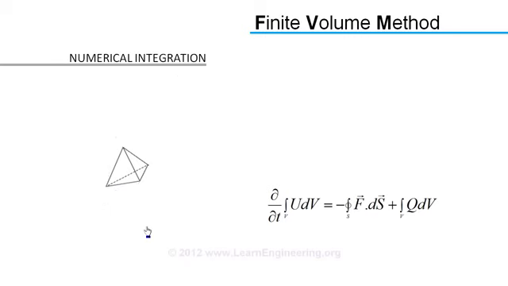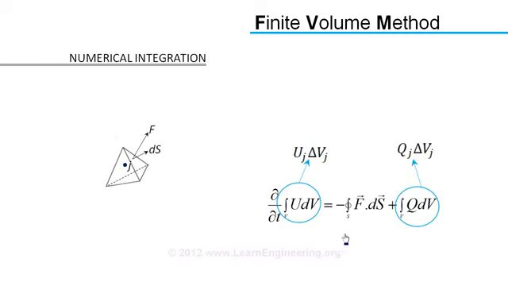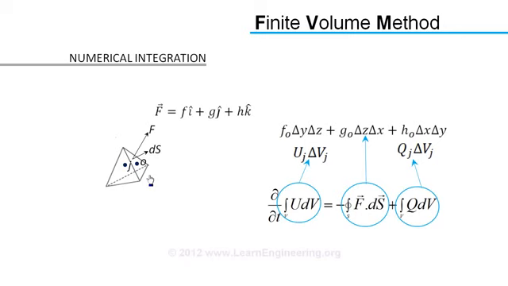In FVM, volume integrals are approximated as the volume of the cell multiplied by the average value of the quantity at the centroid of the cell. Similarly, surface integrals are approximated as midpoint averaged values. So for this cell we have to do the same operation on all four surfaces.